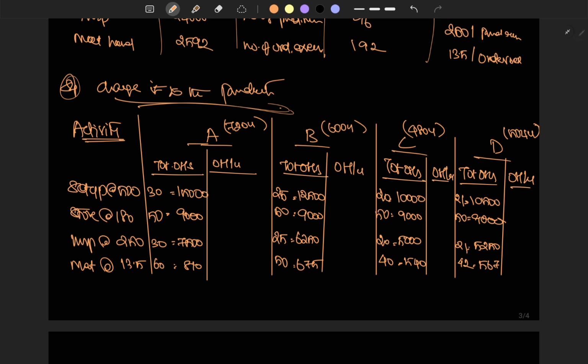15,000 divided by 720 gives us 20.83. 9,000 divided by 720 gives us 12.5. 7,500 divided by 720 gives us 10.42. 13.5 into 60 gives us 810, and 810 divided by 720 gives us 1.125.